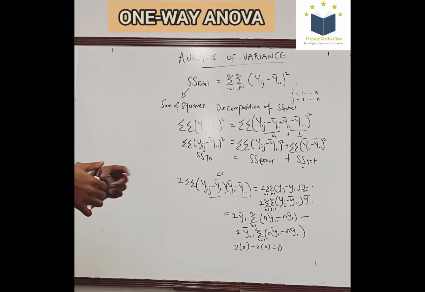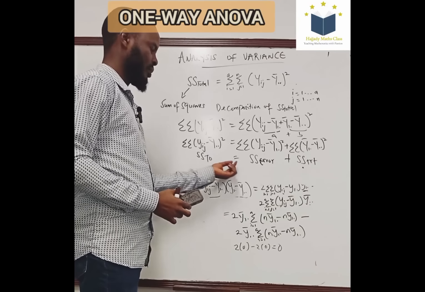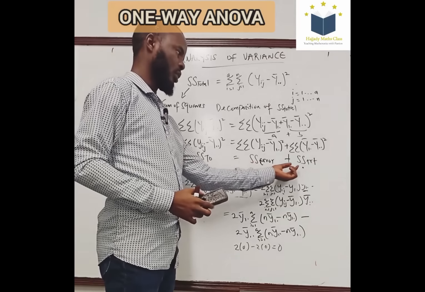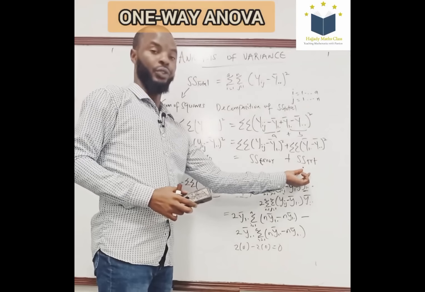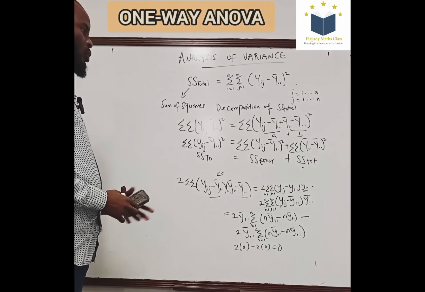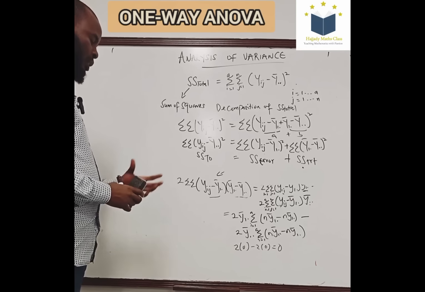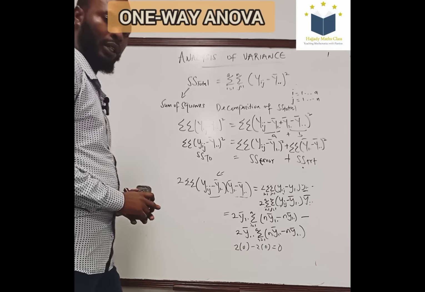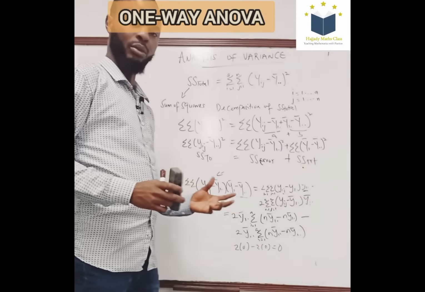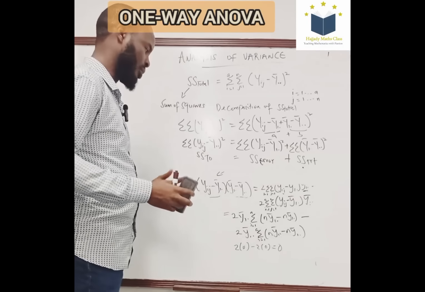So for the decomposition of the sum of squares, your SS total is the same thing as SS error plus what? SS treatments. So this is what you have here. And what we get here will be used. Okay, let's talk about the mean square error, mean square total, and mean square treatment also. So with that, we can draw our ANOVA table.